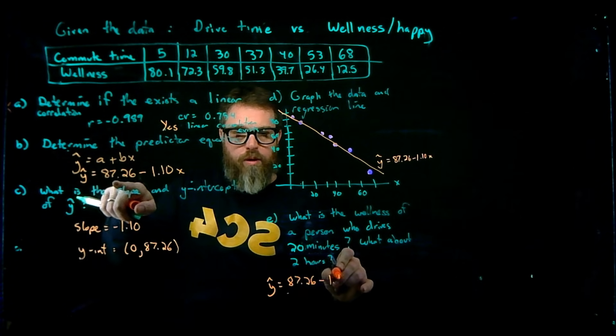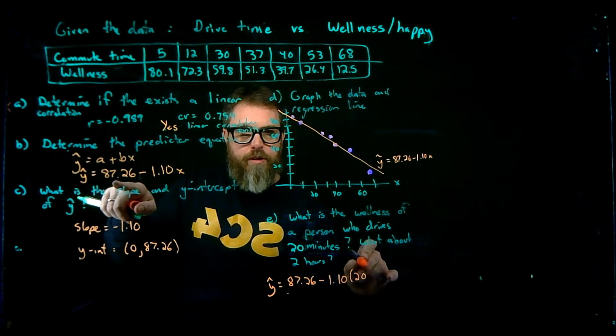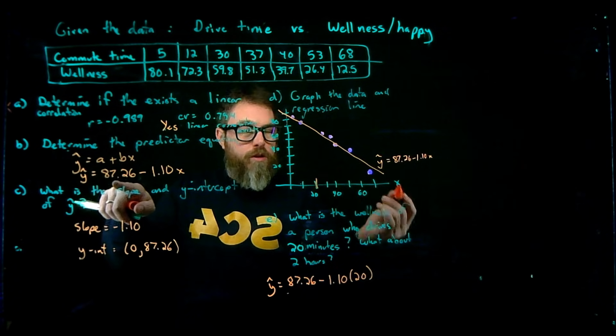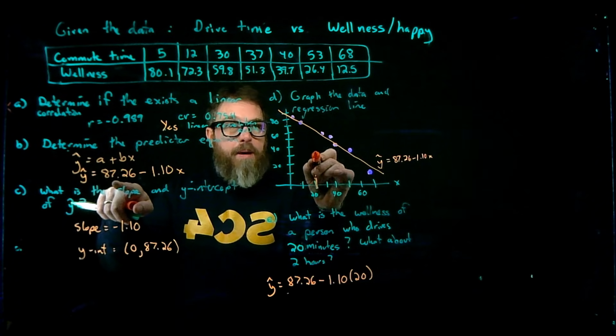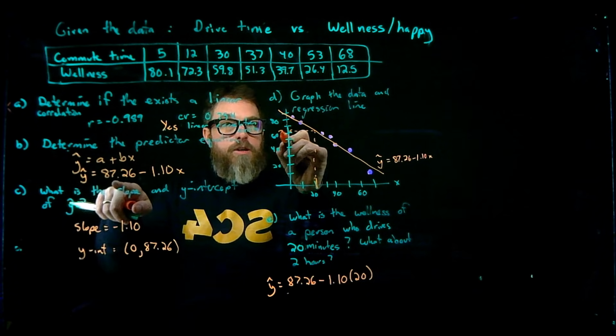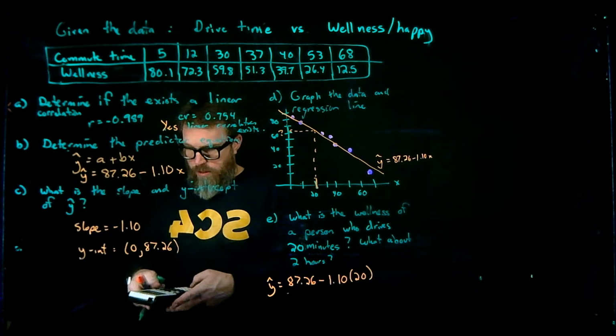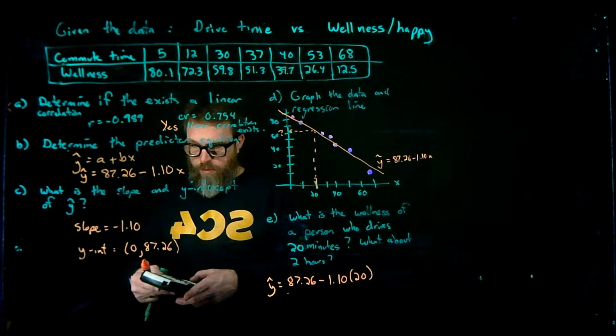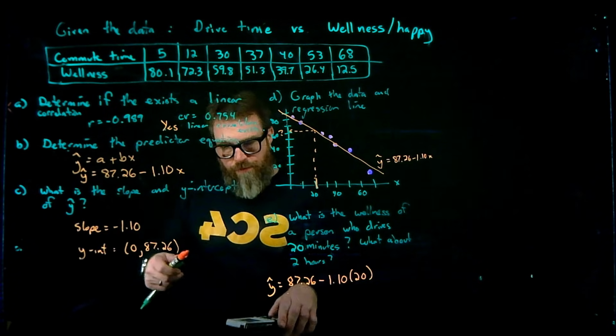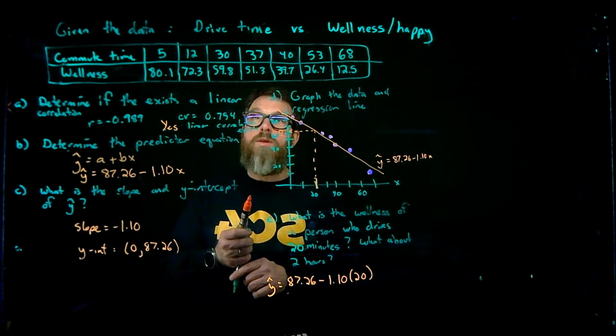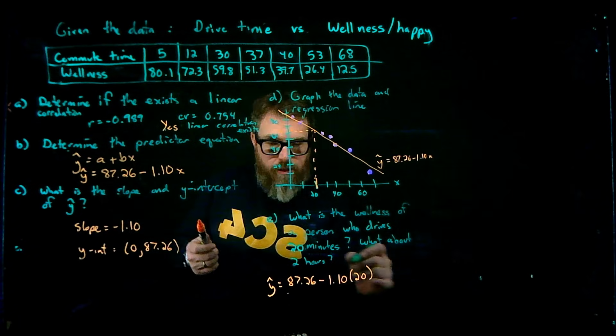87.26 minus 1.10 multiplied by 20. Remember, what I'm really asking for is, what's that at 20? So if I pop it into this line, I should be able to get whatever that prediction is. So if we do that at 20 and plug those numbers in, I get 65.26, which actually is about landing where I expect it to be.